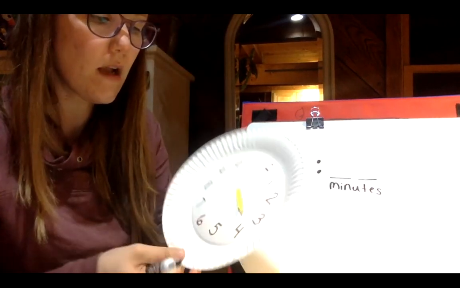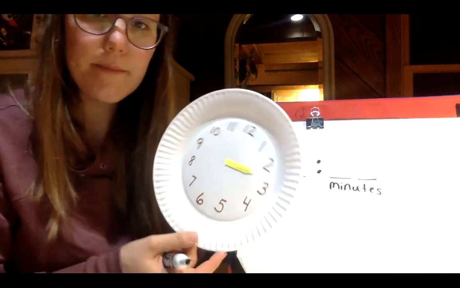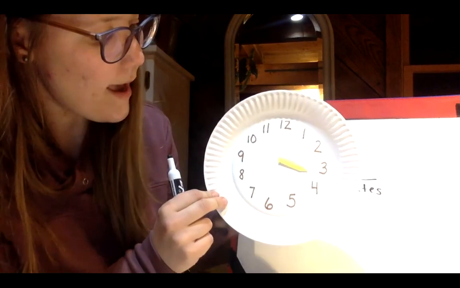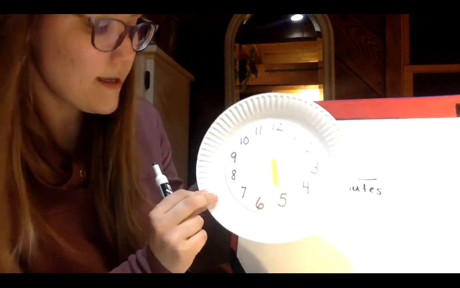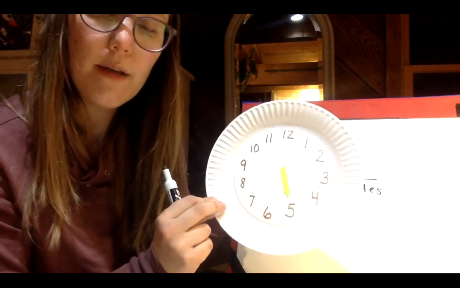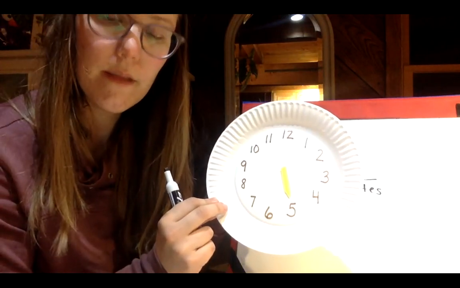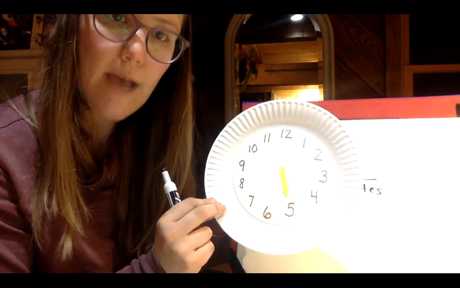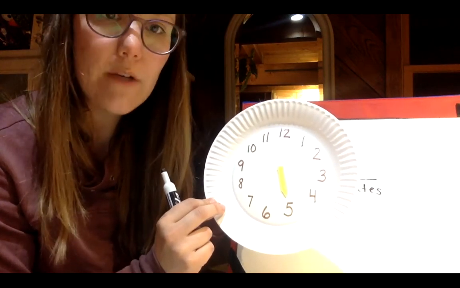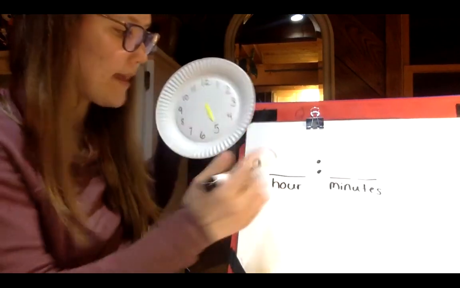So here's my clock. Here's my hour hand. And let's see, how would we write, let's say this time. What number is the hour hand pointing to? Yeah, the hour hand is pointing to 5. That means it's pointing exactly to 5, which means it's 5 o'clock. So how would I write that?